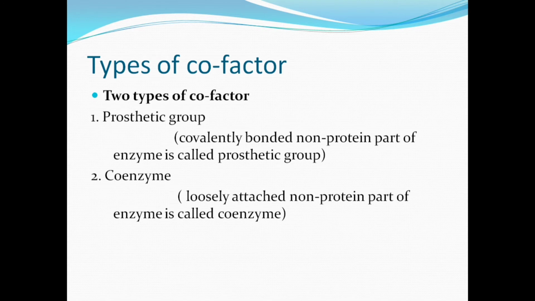And if this non-protein part is loosely or weakly attached to the enzyme, then it is called a coenzyme. The covalently bonded non-protein part of an enzyme is called a prosthetic group, and the loosely attached non-protein part of an enzyme is called a coenzyme.